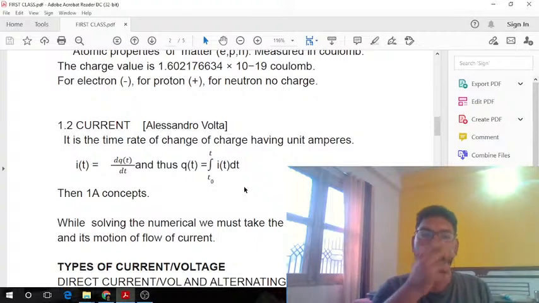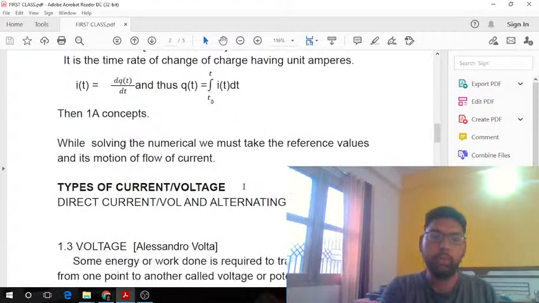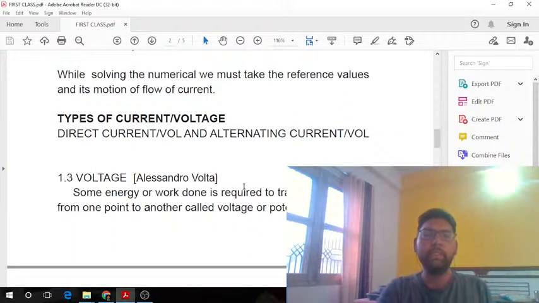Under types of current and voltages, there are direct current and voltage, and alternating current and voltage. There are two types of quantities we are going to study, that is the direct and alternating.